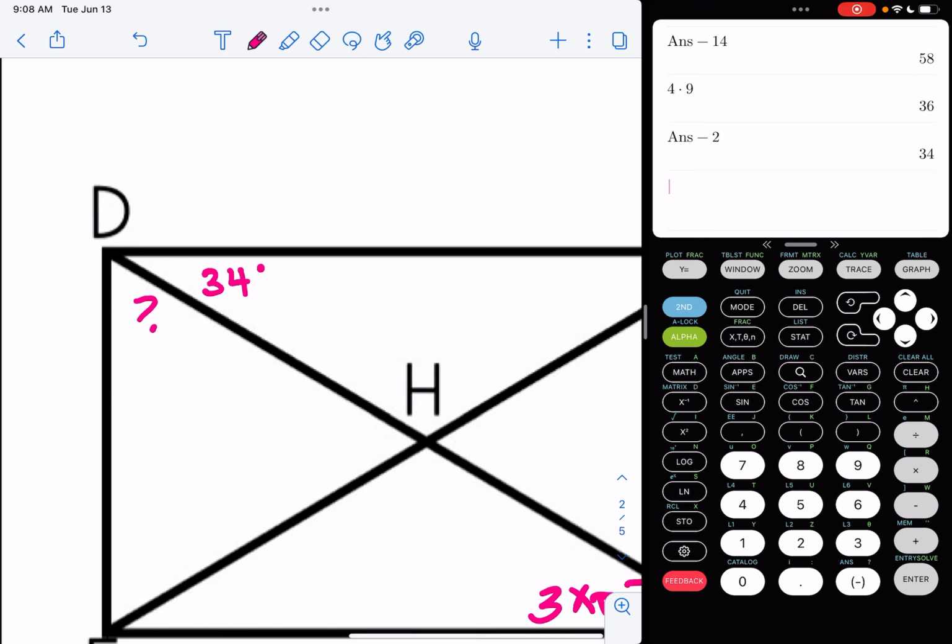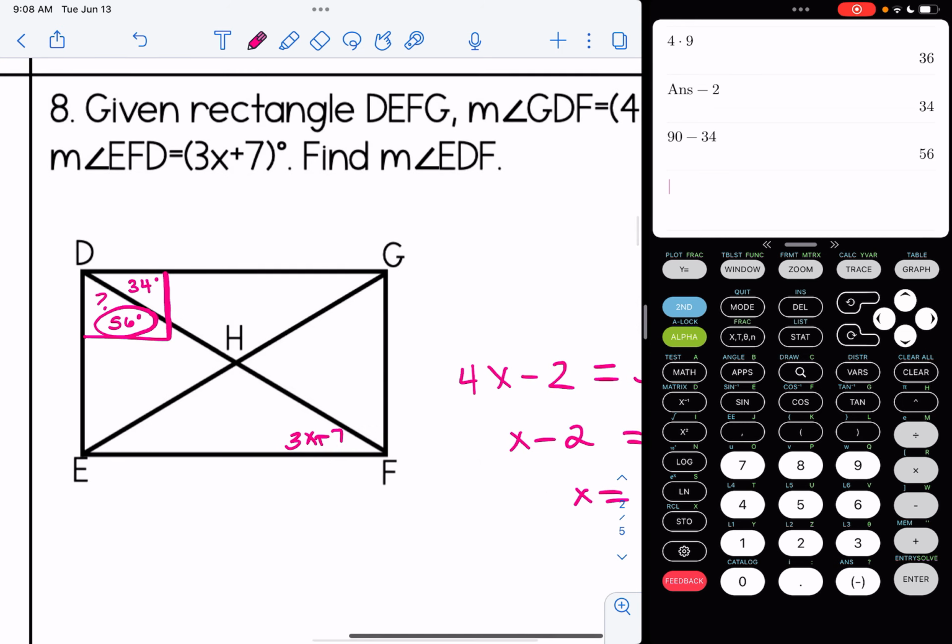Now remember, the angles of a rectangle are 90 degrees. So now I know that our missing angle and 34 have to add up to 90. And I get 56 degrees as our answer for the measure of angle EDF.